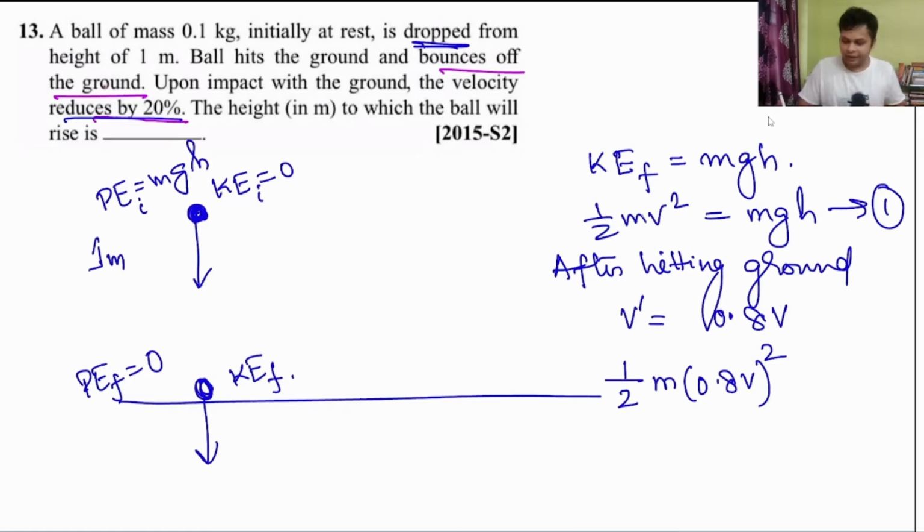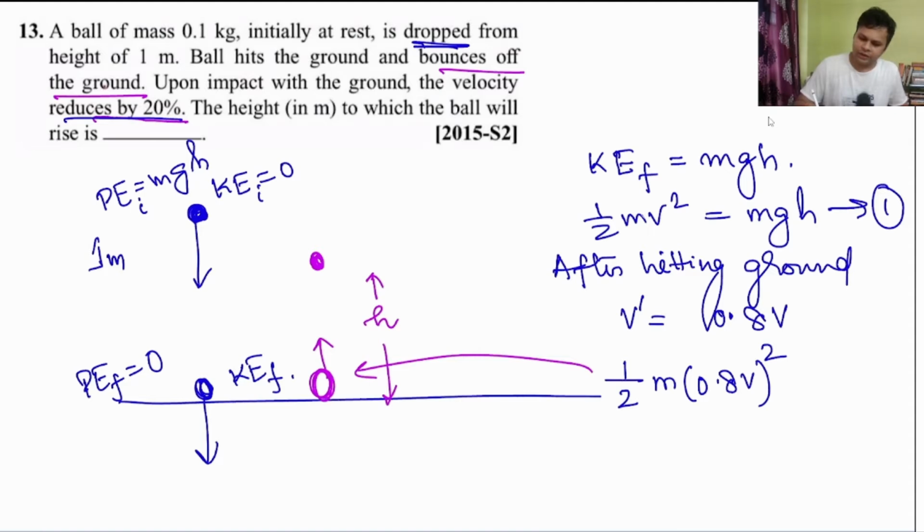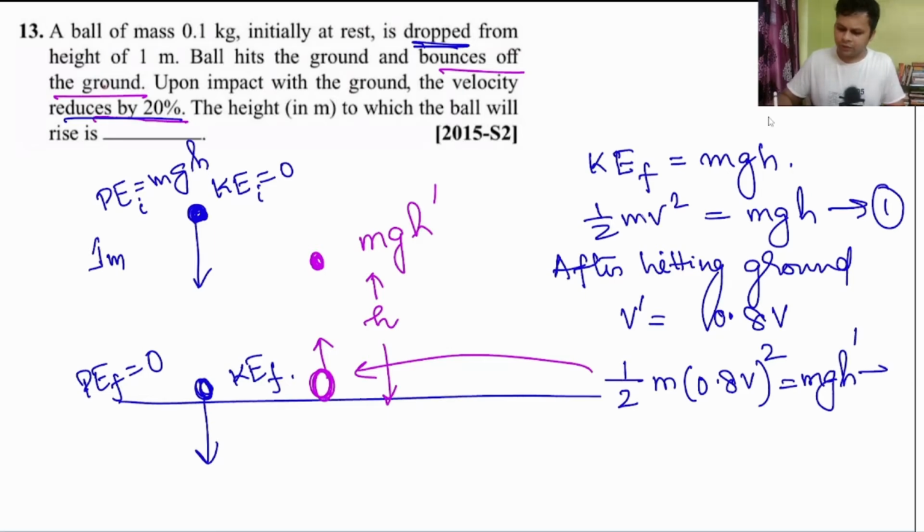This is the kinetic energy after striking the ground and while trying to return back, and it will now get converted into potential energy. Let me say it rises to a height h dash. So the potential energy at height h dash will be mgh dash. Let me say this is equation number 2.